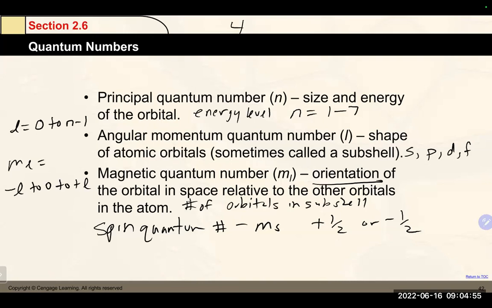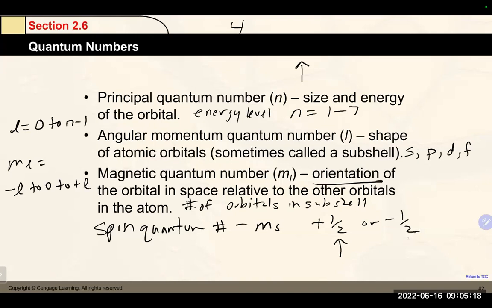For the most part, and we'll do this when we're talking about electron configuration, we represent electrons in orbitals with an arrow. If the arrow is pointing upwards, and that is usually the first electron that goes into an orbital, it would have what is referred to as plus 1/2 spin.